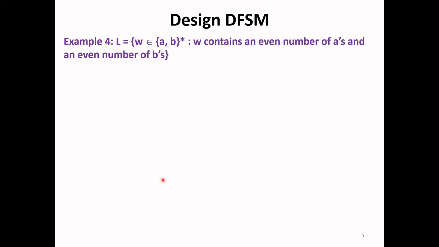a language containing all possible strings of A's and B's with a condition that the string contains an even number of A's and even number of B's. Then, what are the possible strings in this language?